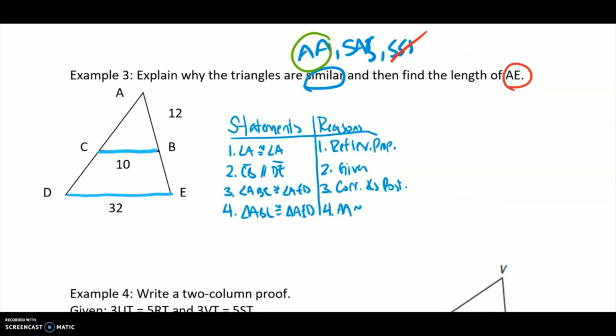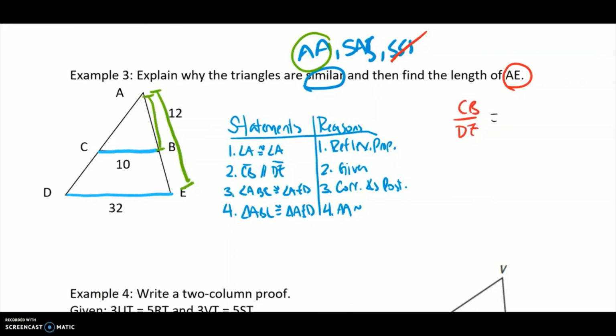So we can say, all right, CB over DE gives us a similarity ratio, which should then equal the similarity ratio of another pair of sides. So we want to find AE. So AE is this entire right-hand side. So what corresponds to AE? Well, that's got to be AB.